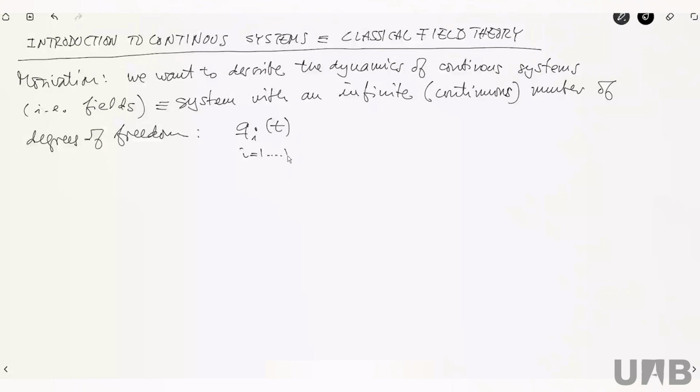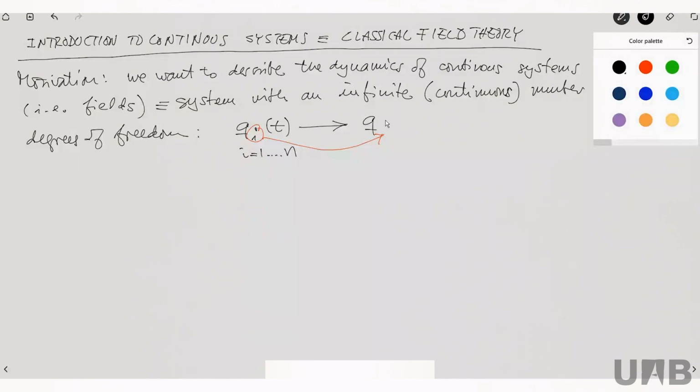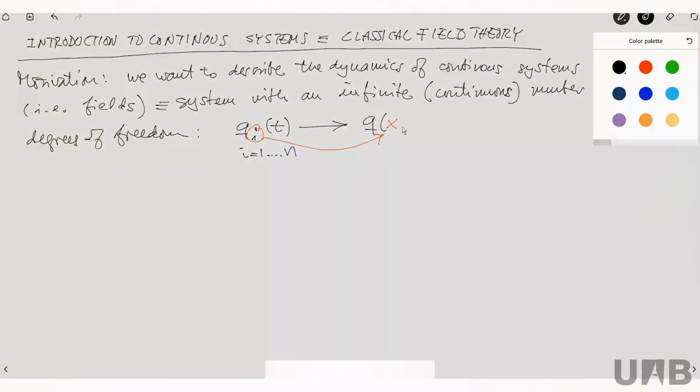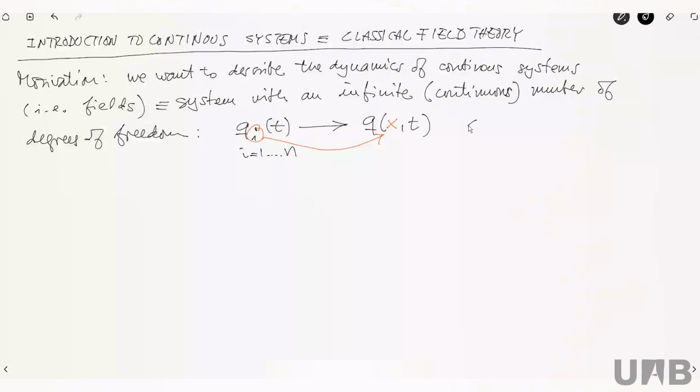So from the variables that we had to describe the system that were all labeled with an index i, which was a discrete index going from 1 to n, we want to go to something in which the index has become a variable. So now x is continuous.